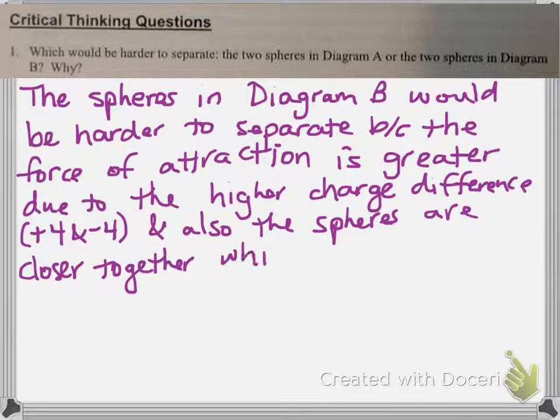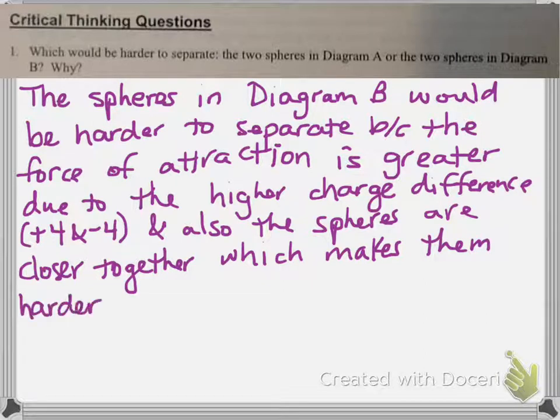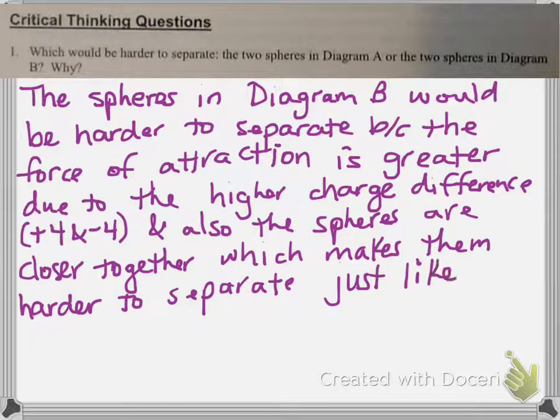Which makes them harder to separate. Just like magnets that are close together.